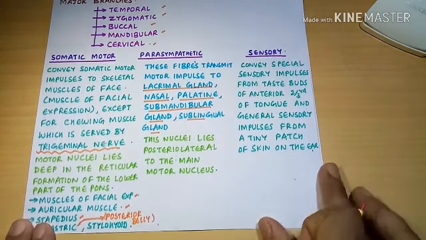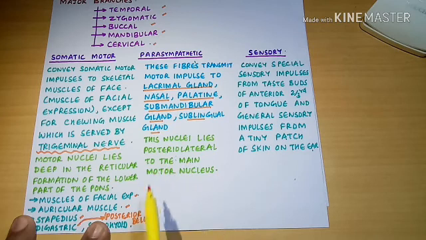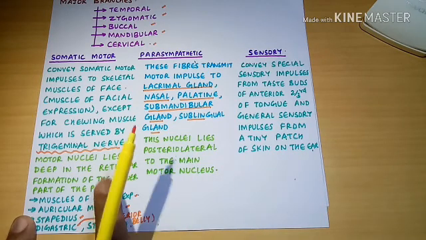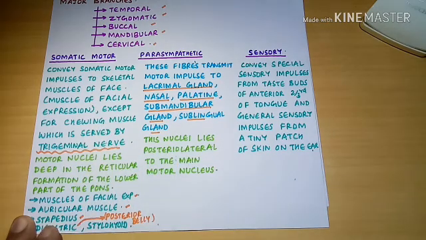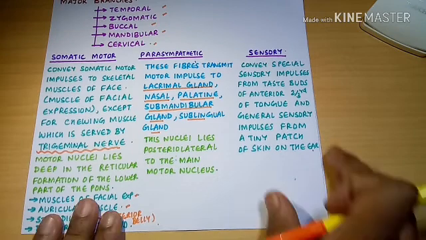Whereas the parasympathetic nuclei lie posterolateral to the main motor nuclei. The main motor nuclei are present in the reticular formation of the lower part of the pons. Just posterolateral to these somatic motor nuclei, the parasympathetic nuclei are present. So we have to remember this: the parasympathetic nuclei are posterolateral to the somatic motor nuclei.